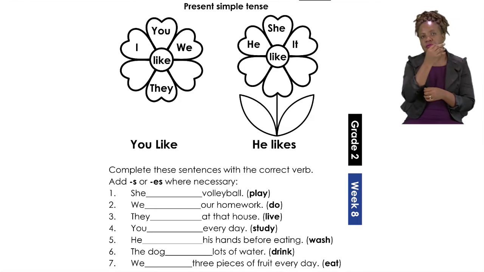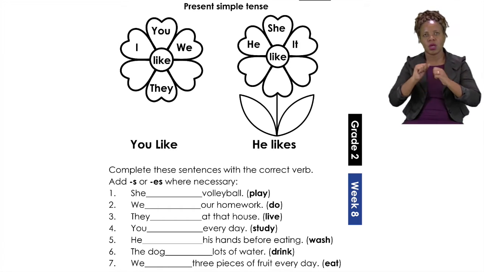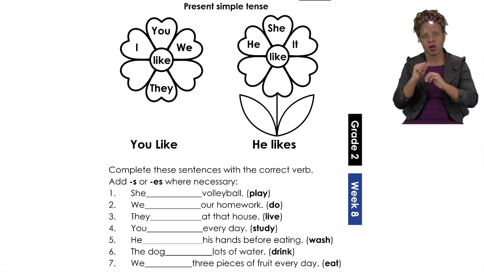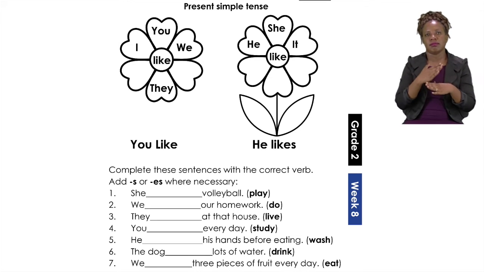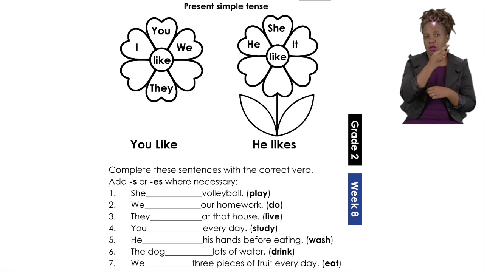Number 2, let's read it together. It says, we dash our homework. We dash our homework. Now, let's take a look at the first flower. Remember we said the first flower has the words I, you, we, and they.